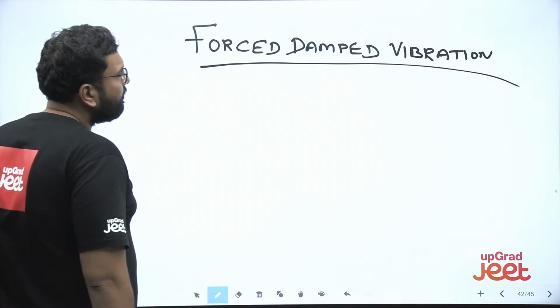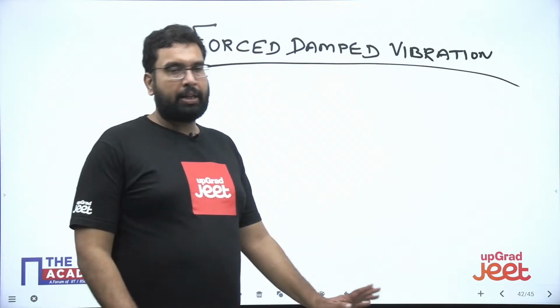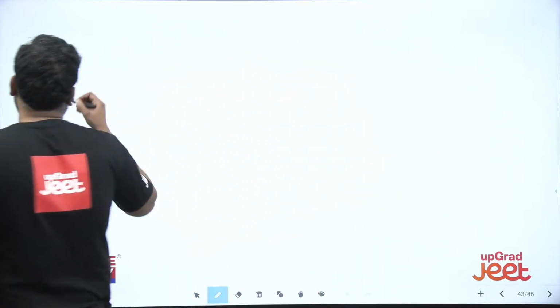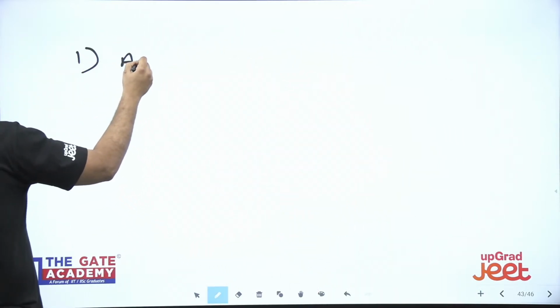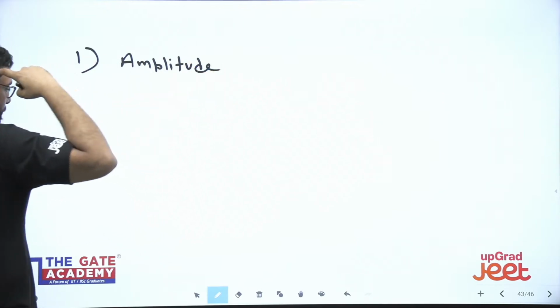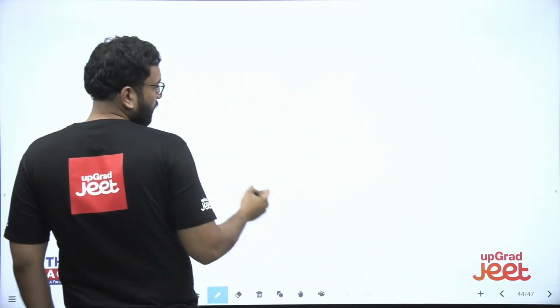So in the forced damped vibration system, there are basically three formulas. One is of amplitude. And how would this forced damped vibration system look like?